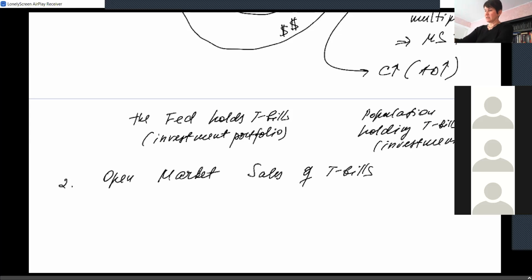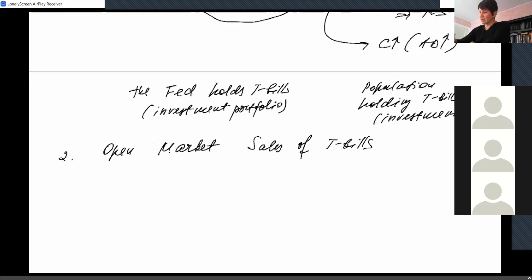the Fed says, okay, listen, I know you just bought T-bills from the government at $900. What if I offer you more T-bills at $800? Remember, at the maturity, you get $1,000. You can earn more if you buy those T-bills from me.